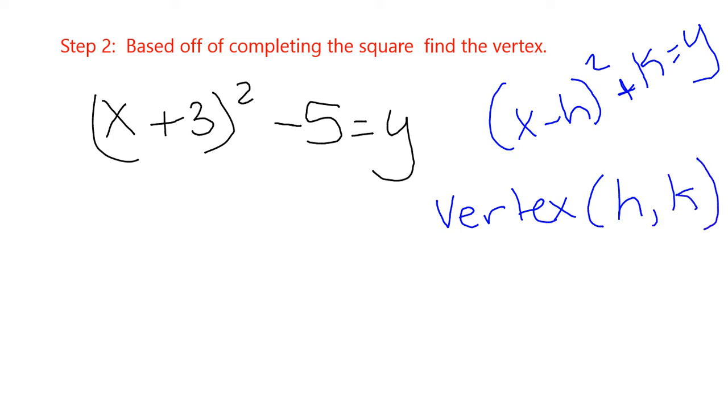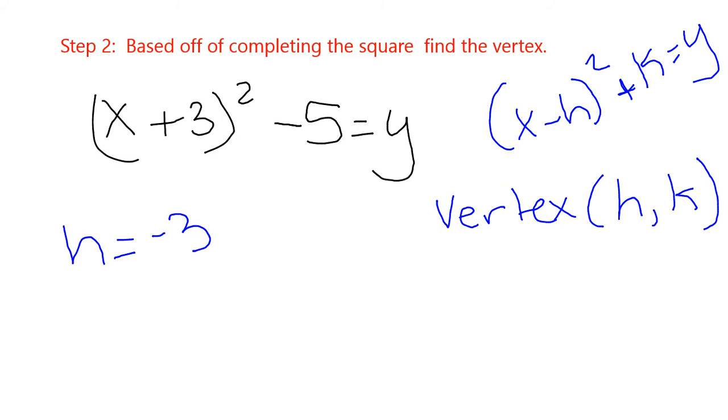Notice that the h has a negative in front of it. So that means the opposite of whatever is in parentheses. So in this case, we have a positive 3. So h is going to be a negative 3, because if I put a negative in there, negative times negative is a positive. So h is negative 3.